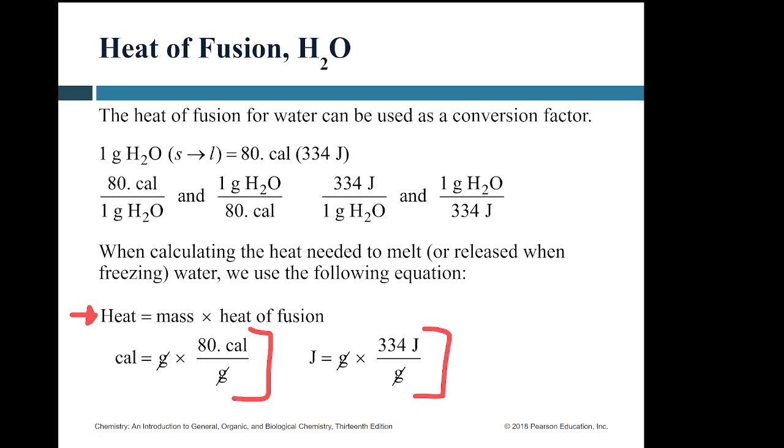And so this is actually the conversion factors right here, if you ever need them. So those are the heats of fusion for water. And that right there is the workout of the units for that formula. Okay, and that's all that is.